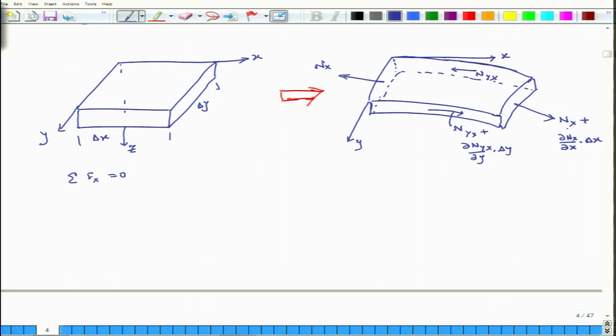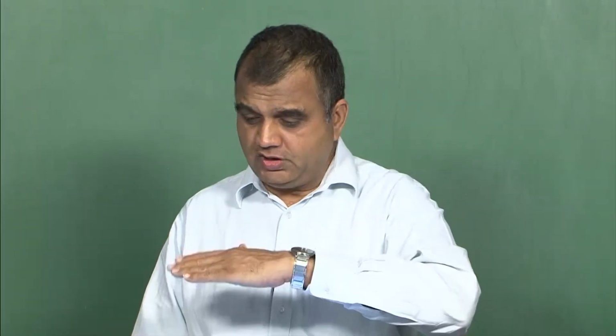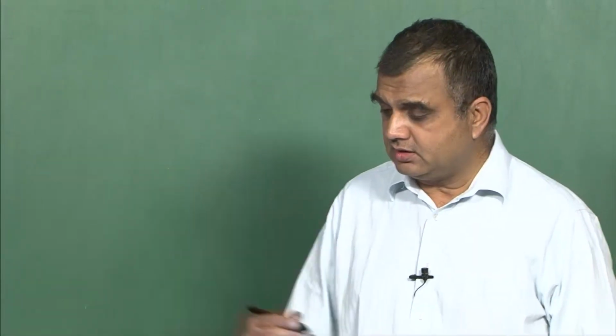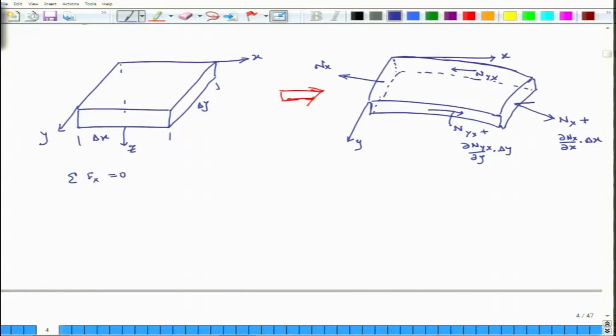So, remember now you see that this nx is not exactly aligned with the x axis. So, I have to take the component of this nx with respect to the x axis. So, how do I do that? If this angle is theta, then in the x direction, what will its component be?